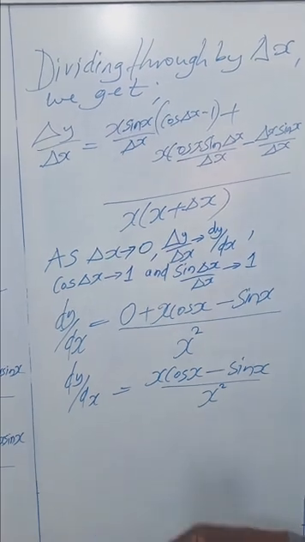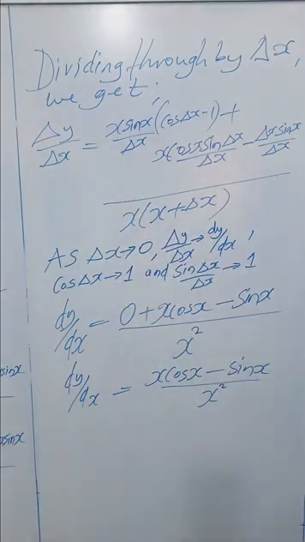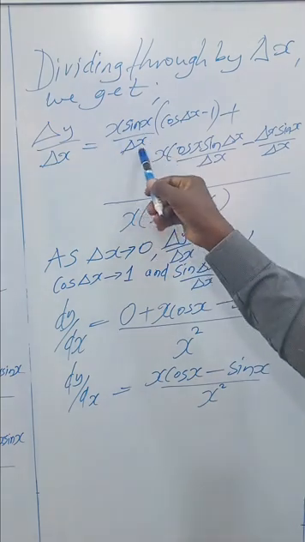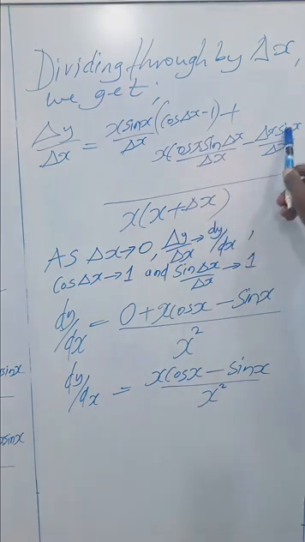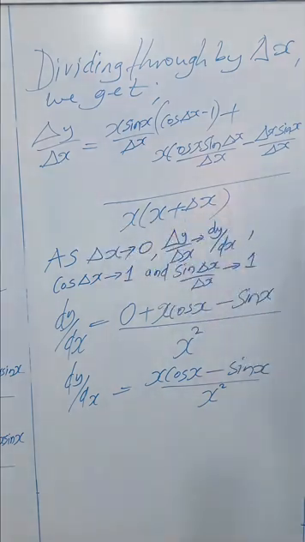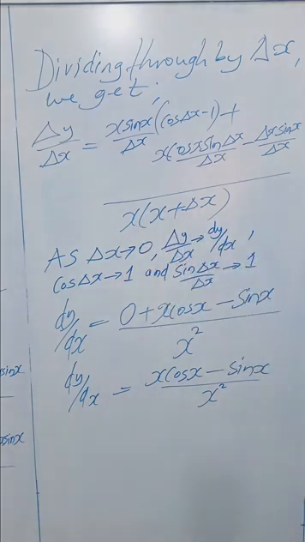So what is next? We divide through by delta x. Why do we divide through by delta x? We want to create the expression delta y over delta x. So we divide each term: the first term divided by delta x, the second term divided by delta x, the third term divided by delta x. All of them over a single denominator, that is x into (x plus delta x).